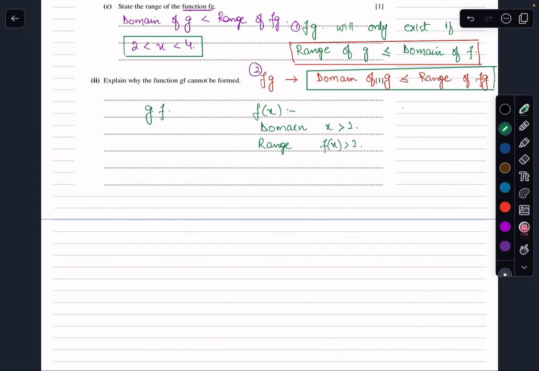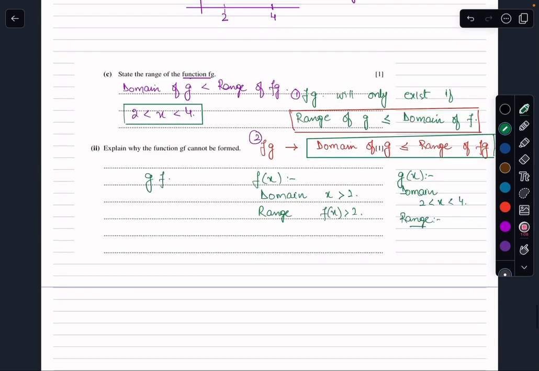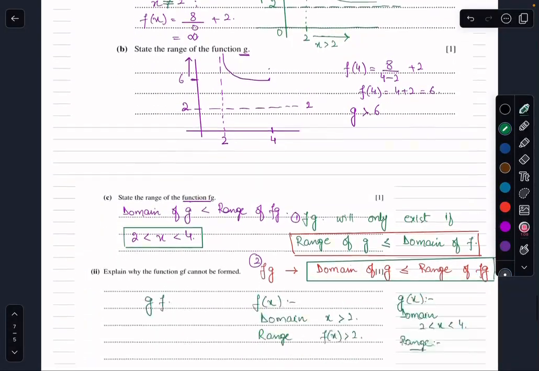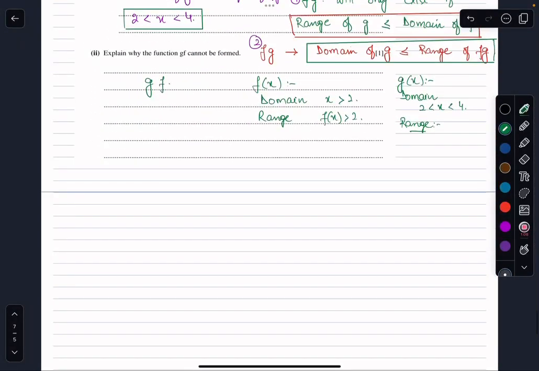For the function g, we had the domain 2 less than x less than 4, and the range was g greater than 6.